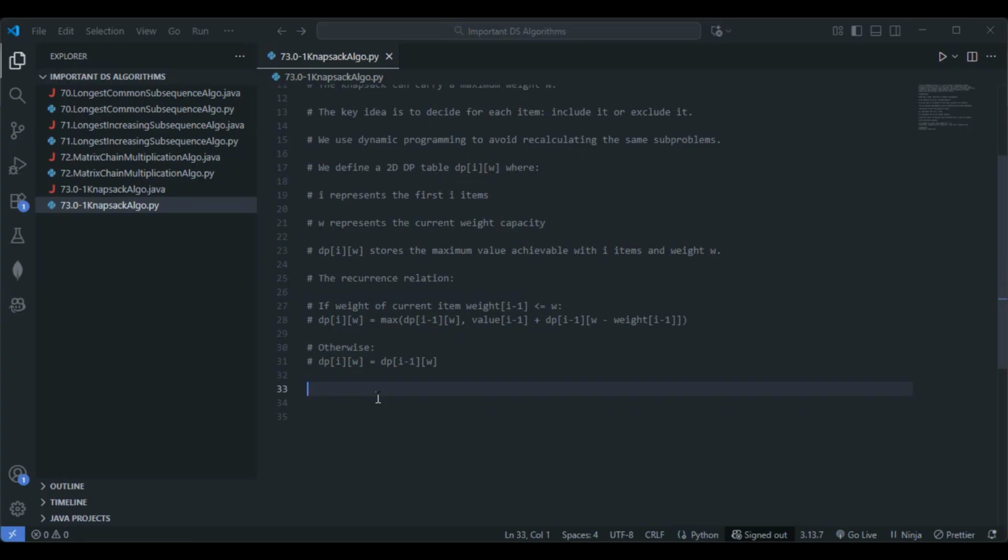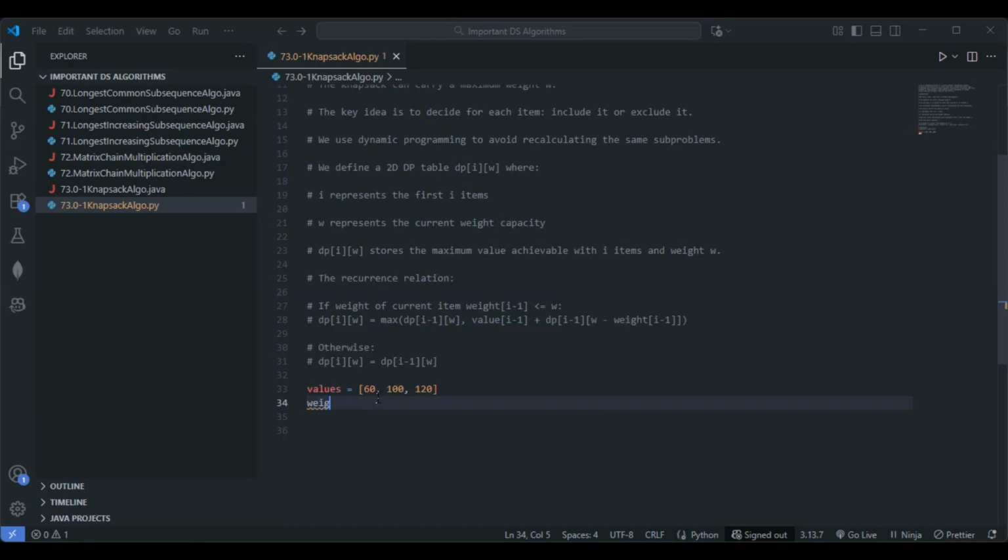So let's try to implement the same thing in the form of an algorithm or code. We'll be making use of the Python programming language. Let's start with the values or the profit of items. I'll go with values equal to 60, 100, and 120. Next, we have to consider the corresponding weights of items as well, along with the values.